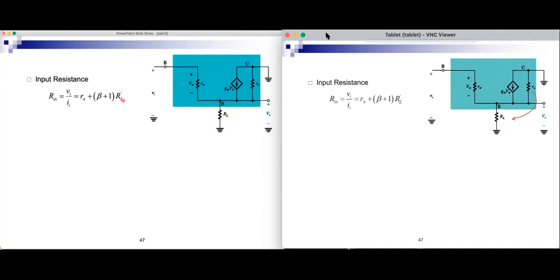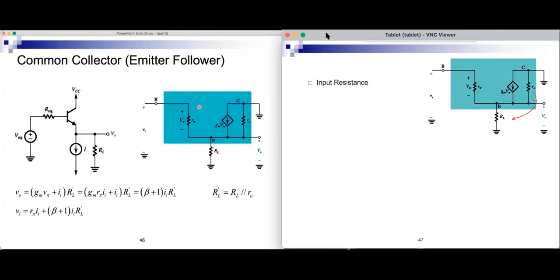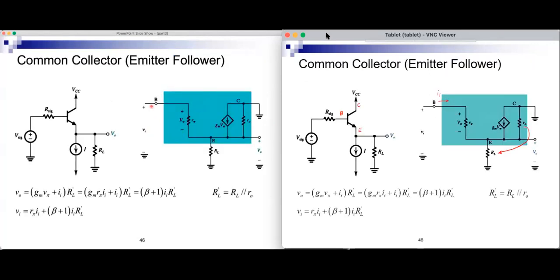The voltage gain, again, let's go back to the previous slide. We have here, once I take RO and put it in parallel with RL, the current gmV pi would flow in this resistor, but this is not the only current that will flow here.